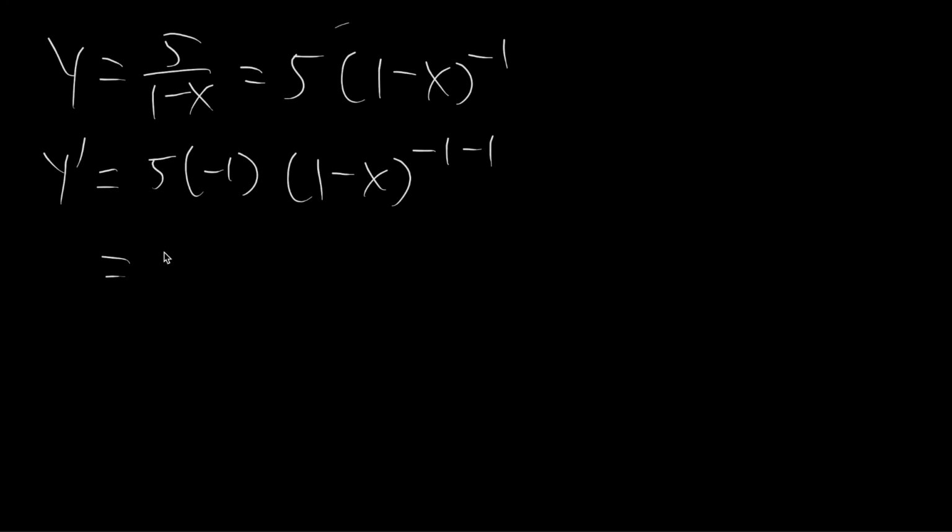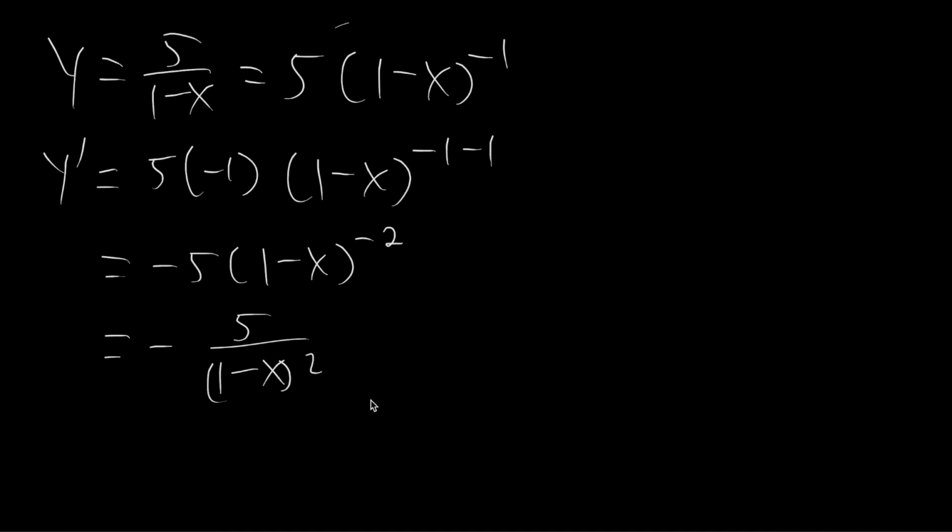So this is equal to negative 5 times 1 minus x to the power of negative 2, which is equal to negative 5 over 1 minus x squared. So is this correct? I just made a serious mistake here.